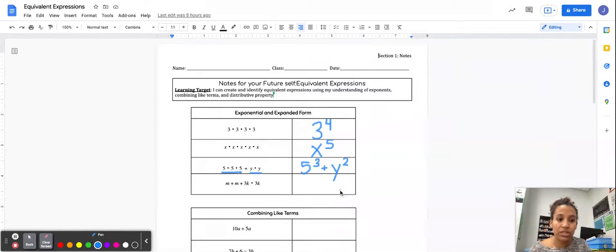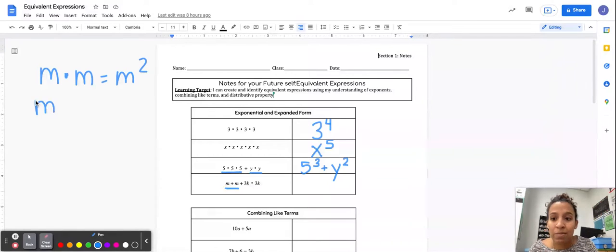I threw in this next one to trick us a little bit. This time we have m plus m. So if we had m times m, that's m squared. But if we have m plus m, we have two m's. So repeated addition is multiplication. Repeated multiplication is exponents. So 2m plus 3k is being multiplied by itself twice.